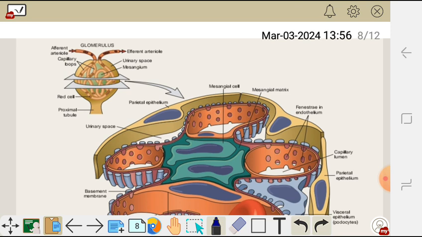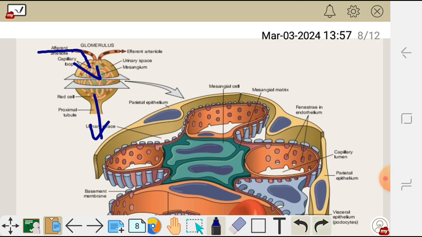We have an afferent blood vessel which comes into the glomerulus, and an efferent blood vessel, or arteriole, which leaves the glomerulus. Once the afferent arteriole brings blood to the glomerulus, the waste will be filtered and will leave into the tubules of the kidney nephron, and the blood will continue into the efferent arteriole.